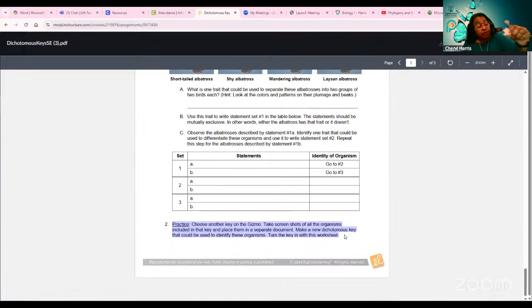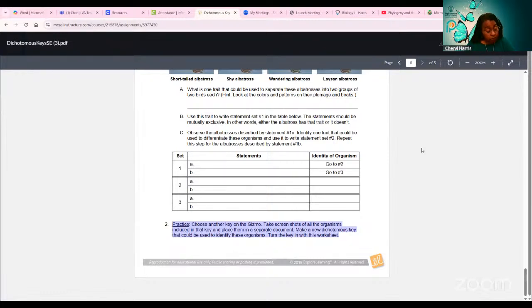So you're turning both the document, the whole document, and an extra page with your Gizmo. And then some of you have done it already, but you need to make sure that you do the assessment that is on the Gizmo website specifically, because that's going to record there for me.